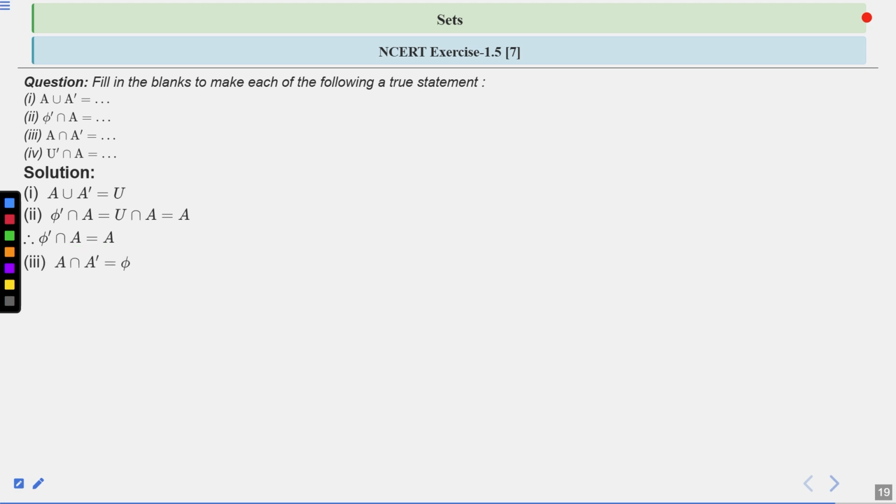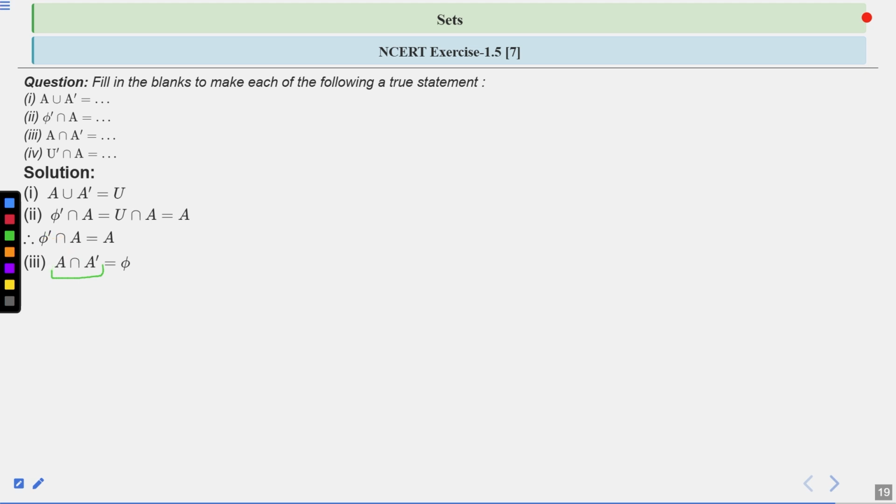Now for the third, A intersection A complement. By definition, we are going to find the common elements from set A as well as from set A complement.